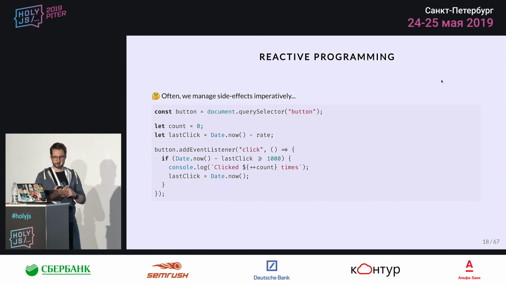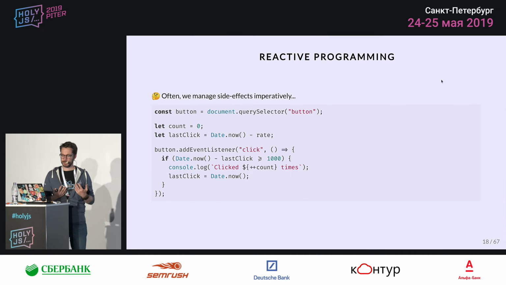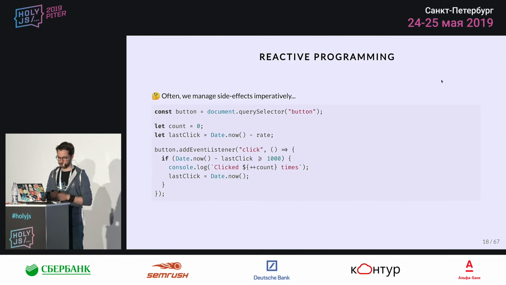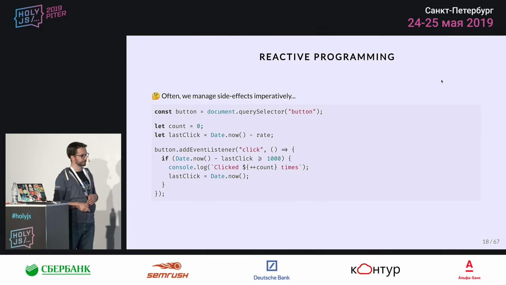This is an example from the RX documentation. Here there is a button, and this application keeps track of how many times it is clicked, but it also debounces it every second. So there's quite some state going on, but also quite some side effects. This handler is really impure. It relies on state in a closure. It has side effects.